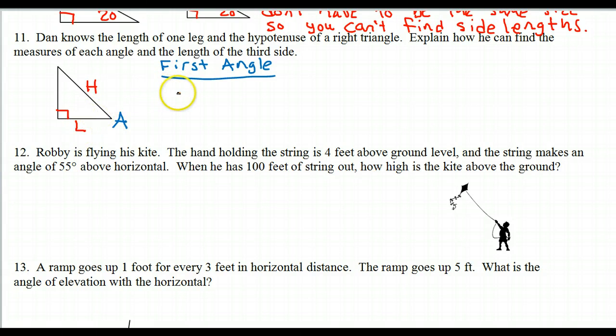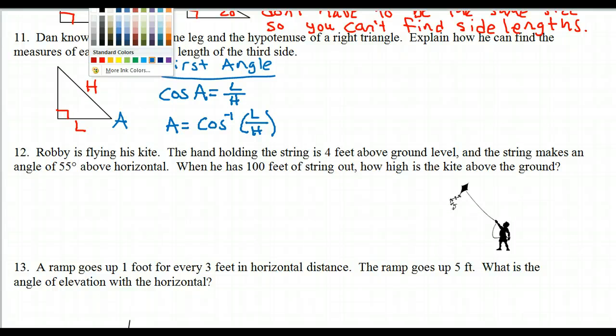So that's cosine. So he could do cosine A would equal adjacent over hypotenuse. So then that means A would equal the inverse cosine of that leg over the hypotenuse. That's how he could find the first angle.